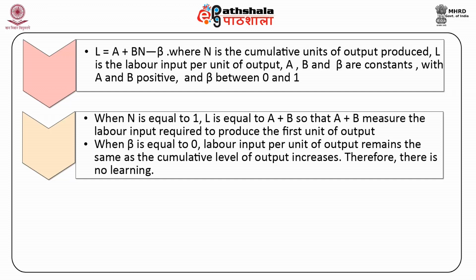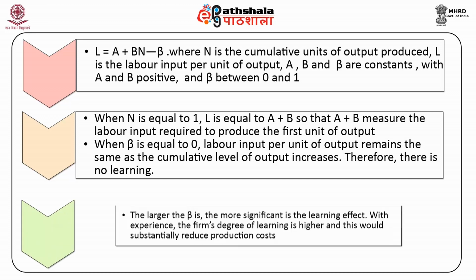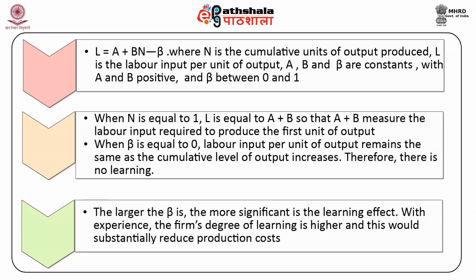When beta is positive and n gets larger and larger, L becomes arbitrarily close to A. A therefore represents the minimum labor input per unit of output after all learning has been achieved. The larger the beta is, the more significant is the learning effect. With experience, the firm's degree of learning is higher, and this would substantially reduce production costs.